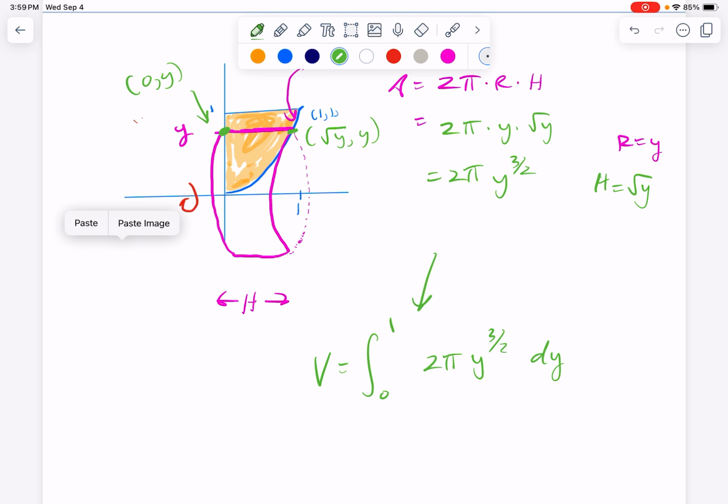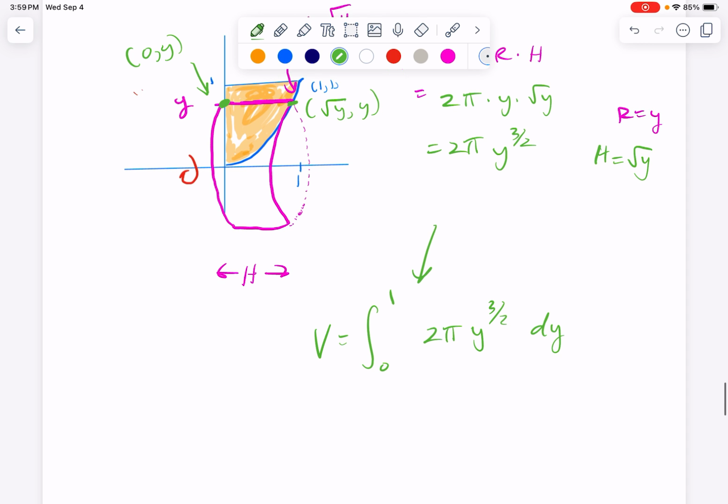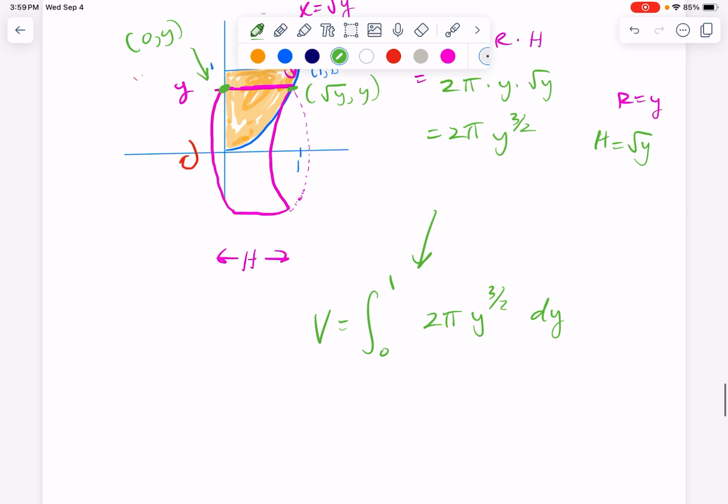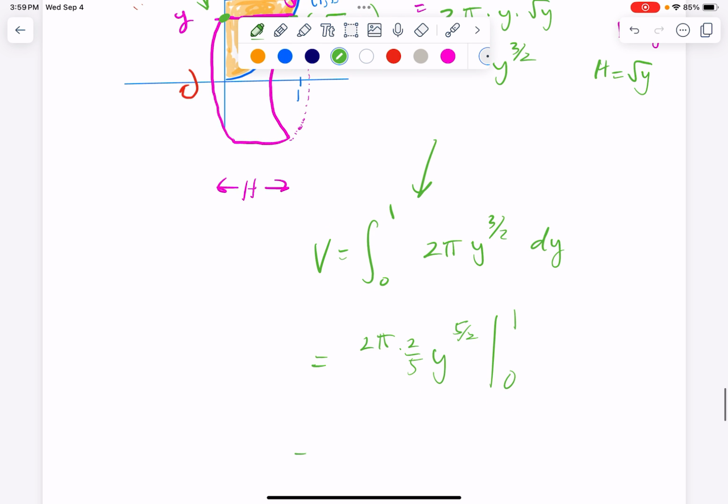We needed to simplify that integrand. So we have that as y to the 3/2. But now, what's our antiderivative? So it would bump up to y to the 5/2, 2 pi times 2/5 to cancel that. And if we plug in 1, we get 2 pi times 2/5 times 1.